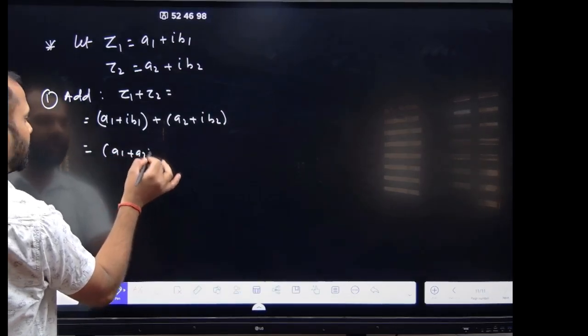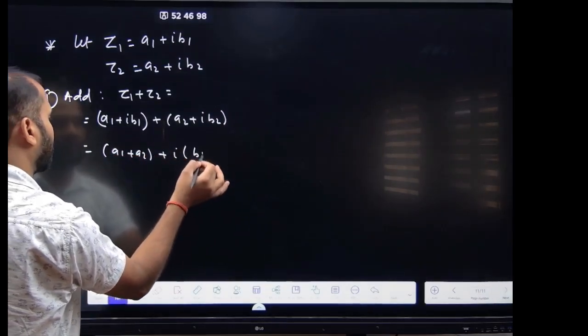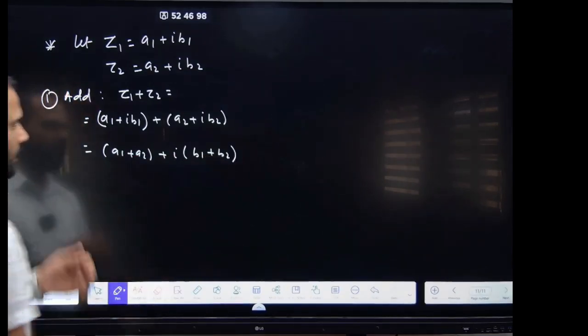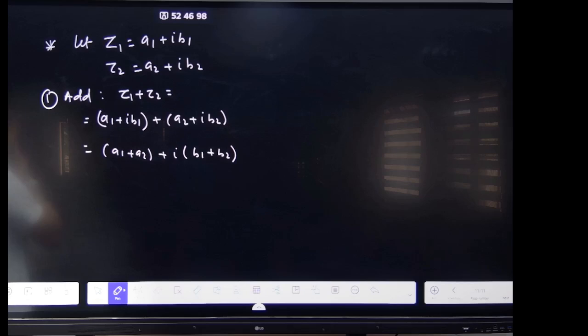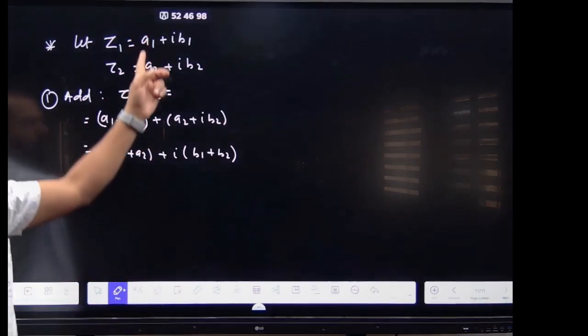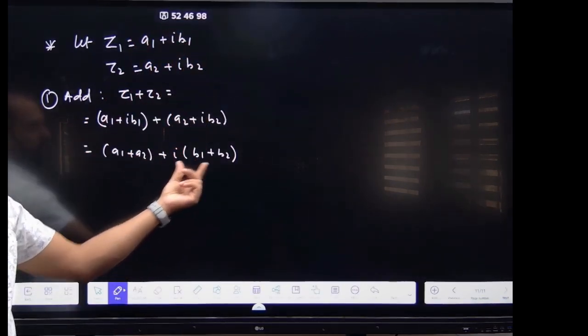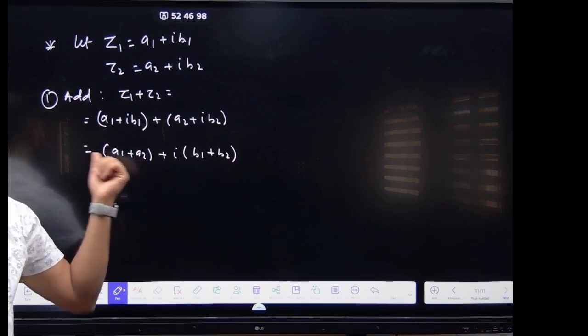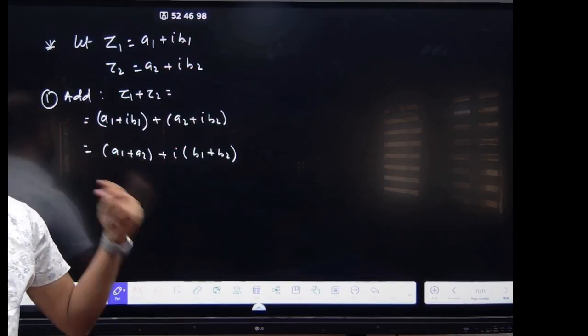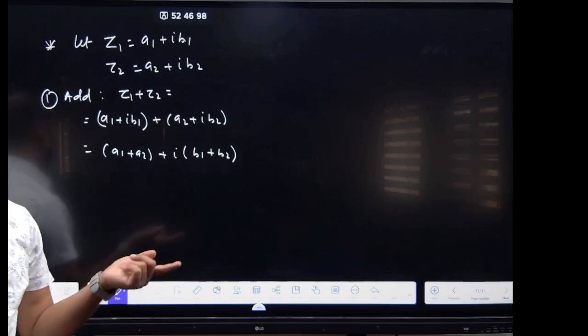A1 plus A2 plus iota times B1 plus B2. Meaning, if you want to add complex numbers, you should add real with real and imaginary with imaginary. That is why I added A1 plus A2, B1 plus B2, and took iota together. So you add the real part with the real part and the imaginary part with the imaginary part.